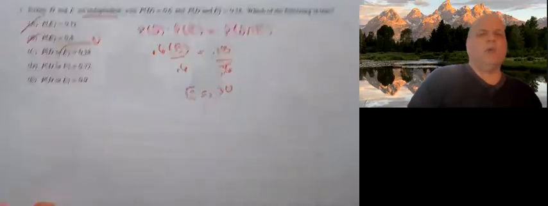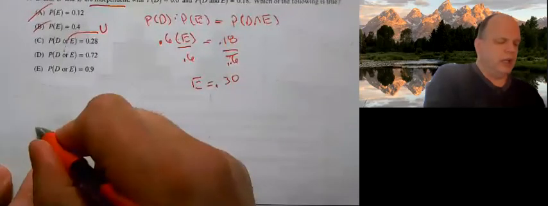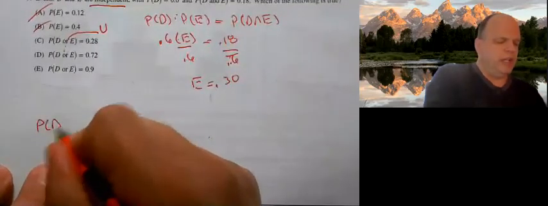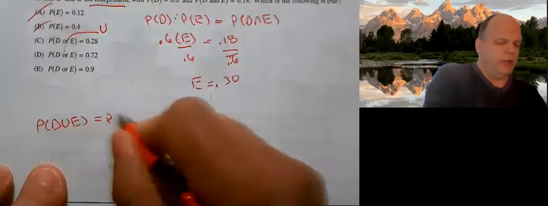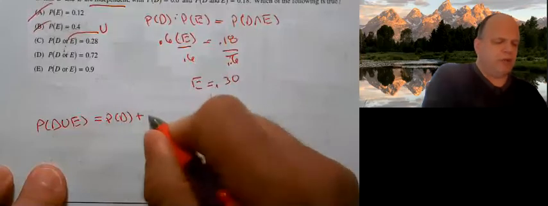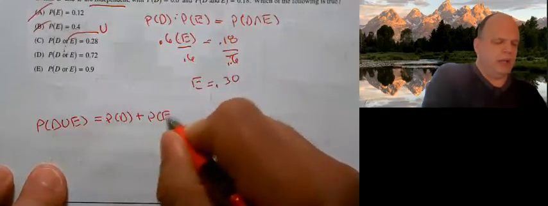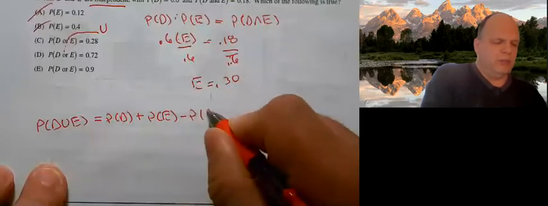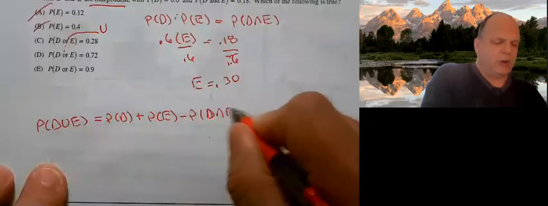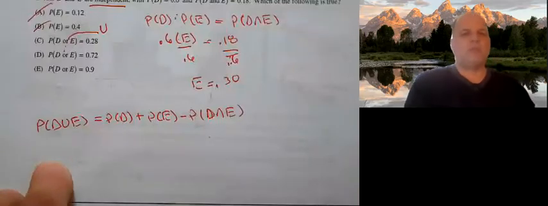So we need to look at what that formula looks like. So the probability of D union E equals the probability of D plus the probability of E minus the probability of D and E, or D intersect E.